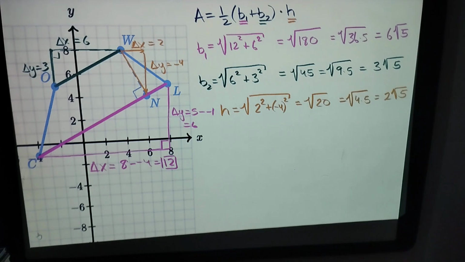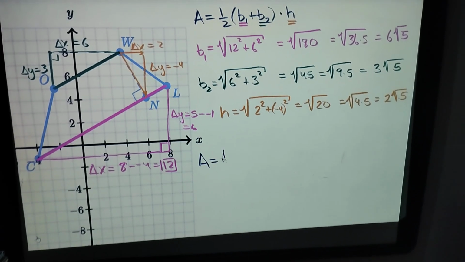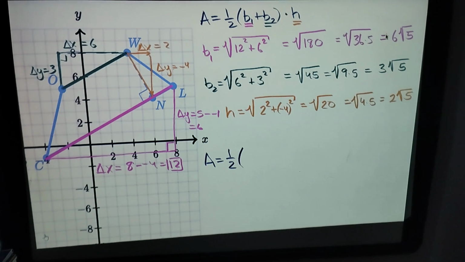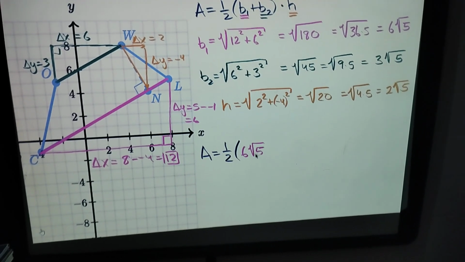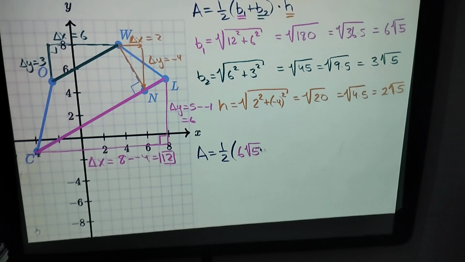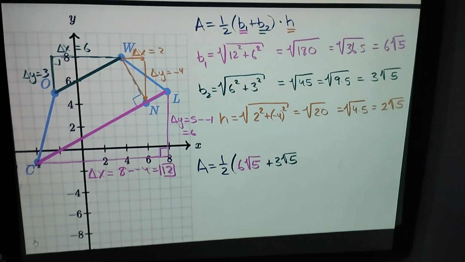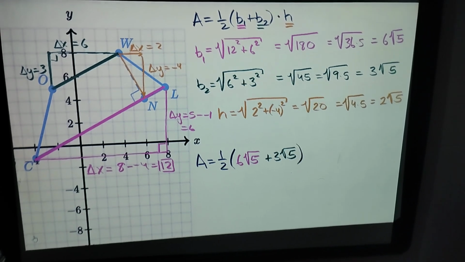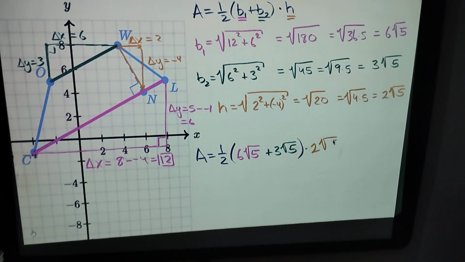And so now we just substitute into our original expression. And so the area of our trapezoid is going to be 1/2 times 6 square roots of 5 plus 3 square roots of 5, let me close that parentheses, times 2 square roots of 5.